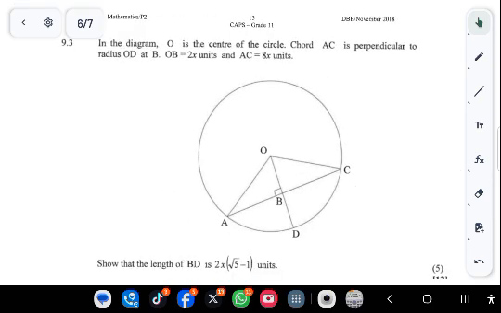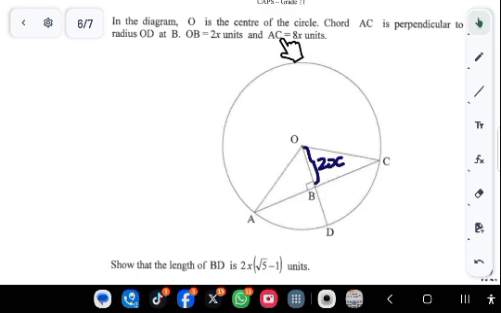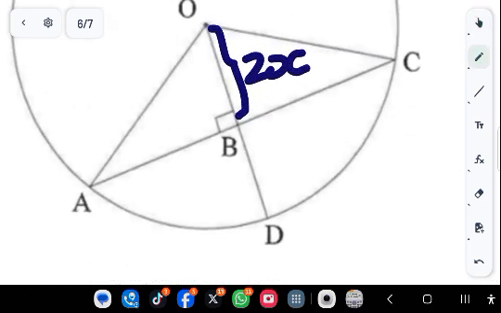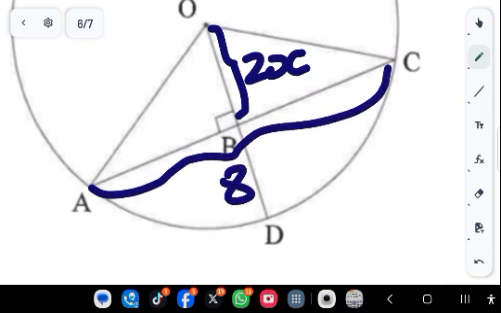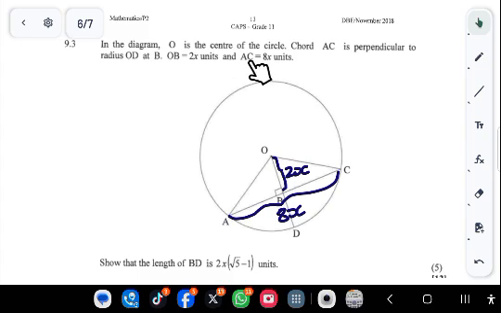Now let's annotate this diagram. We are told OB equals 2x, so let's annotate that. We are also told that AC equals 8 units. There is AC, this is 8 units.